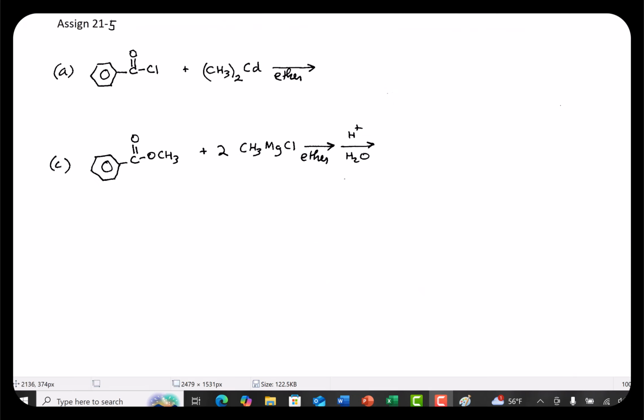All right, 21-5. I'm just using two reactions here. In A, we have an acid chloride reacting with an organometallic. In C, notice there's an ester reacting with another organometallic. The key here is to make a distinction between the types of organometallic. Remember, organometallics fall into category 1 and category 2.